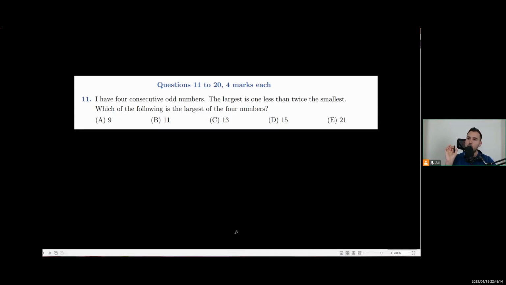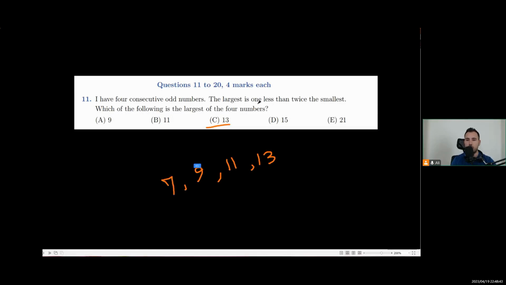The worst thing you could do is try to solve this equation. Why? Because it's a test, so all you have to do is guess. I will start with the middle one, so that I could try something bigger or smaller if it doesn't work. So if 13 is the largest one, and we need 4 of these, I'll write it like this.